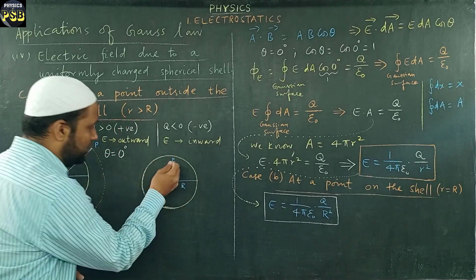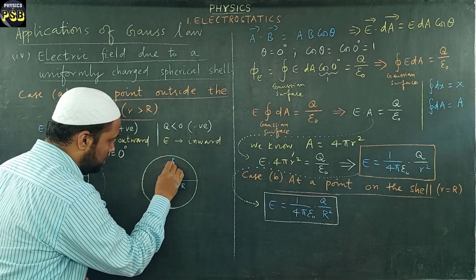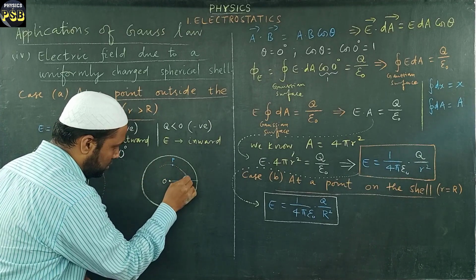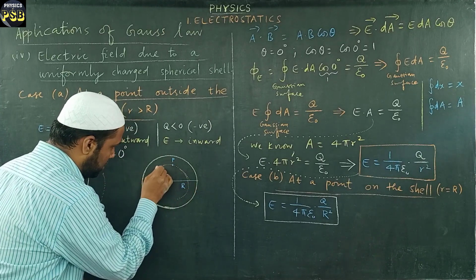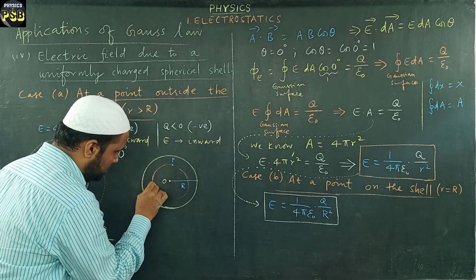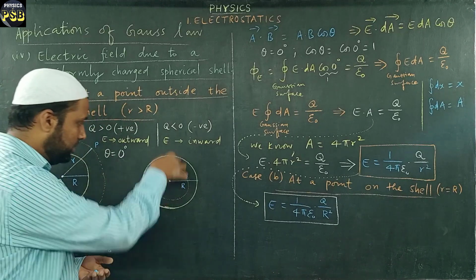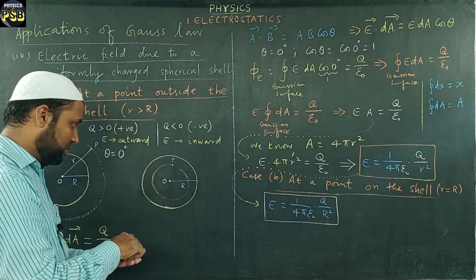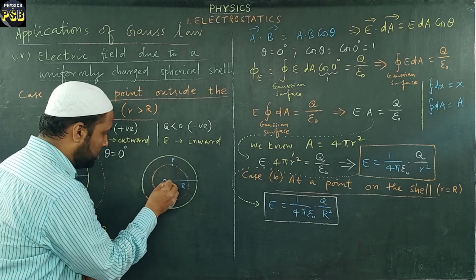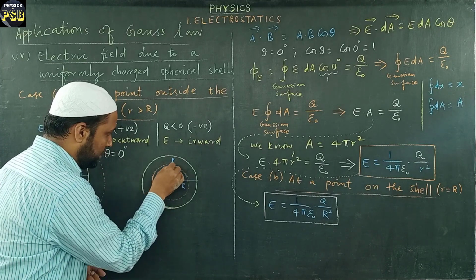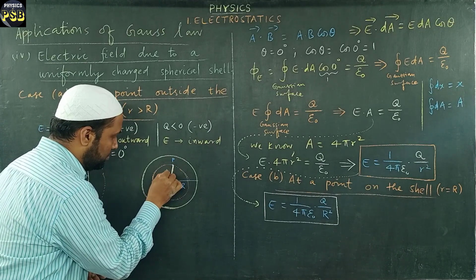Then with respect to this, I draw a Gaussian surface. This is the Gaussian surface. Here the radius of this Gaussian surface is taken as small r.